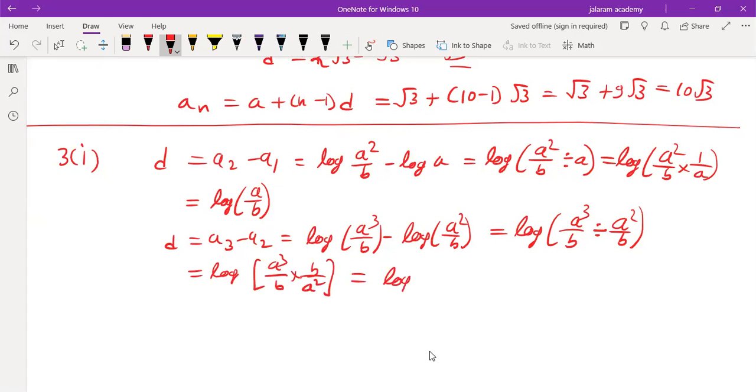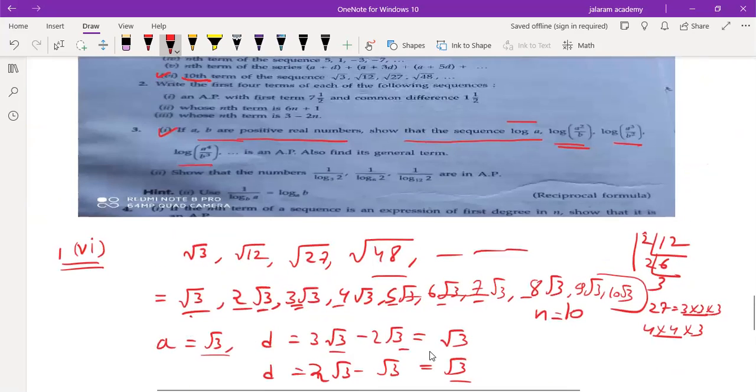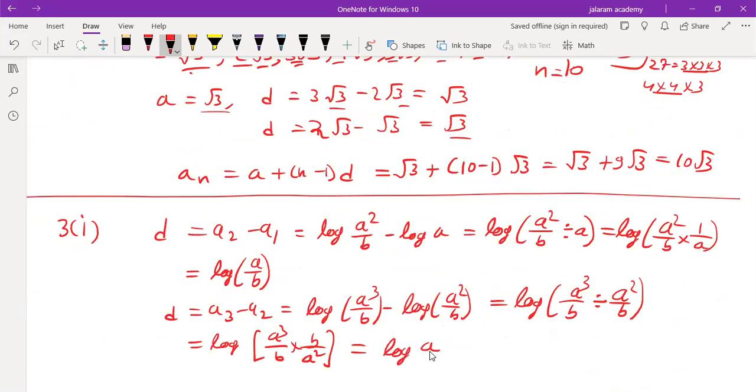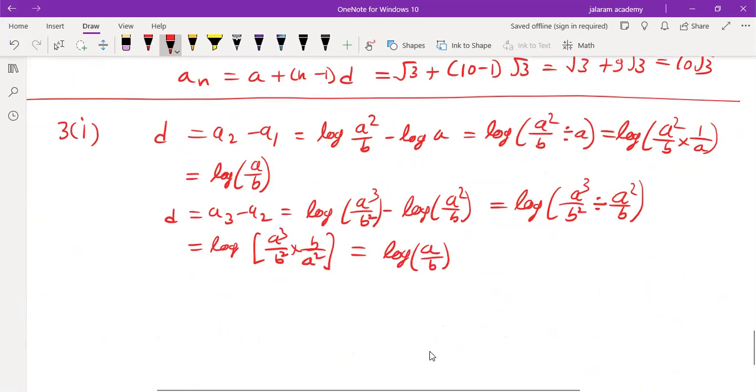B cancelled out, a cube by a square is a. So log a by b. So the difference is common. So it's an AP.